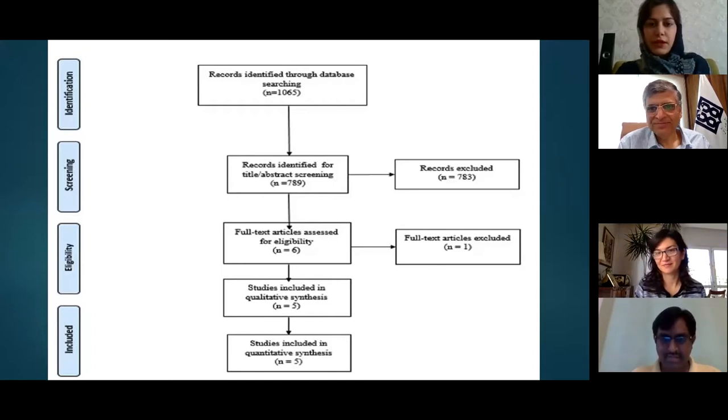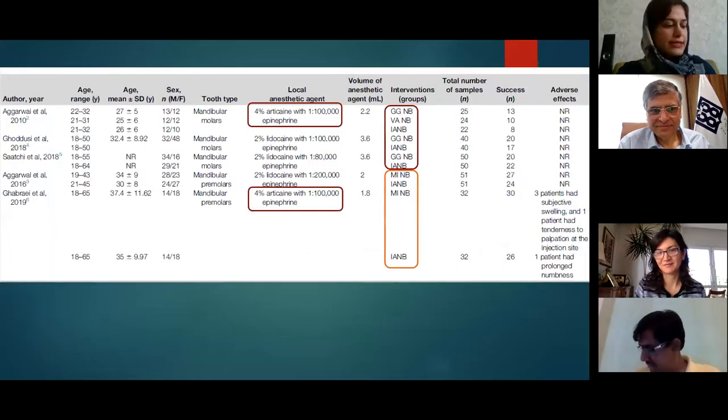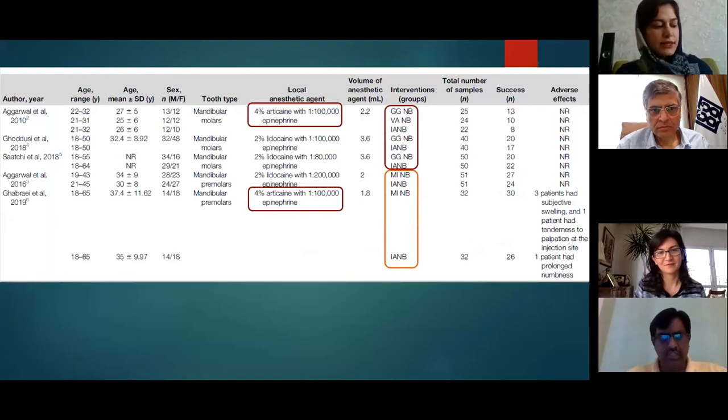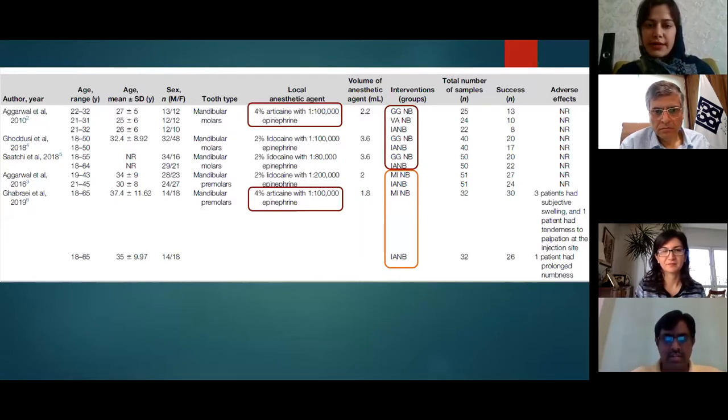Yes. In this table, the brief characteristics of the included studies are described. The data extracted are the author and year of publication, age and sex of the patients, the tooth type being treated, the agent and volume of the local anesthetic used, and the intervention group.